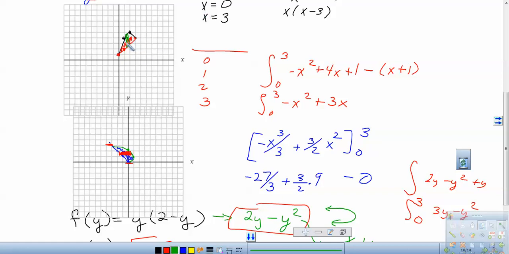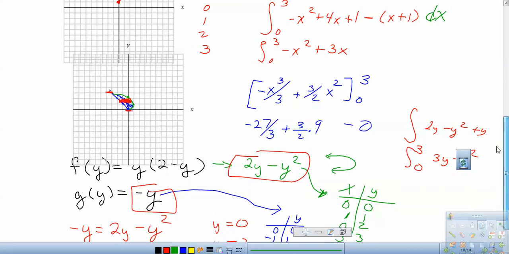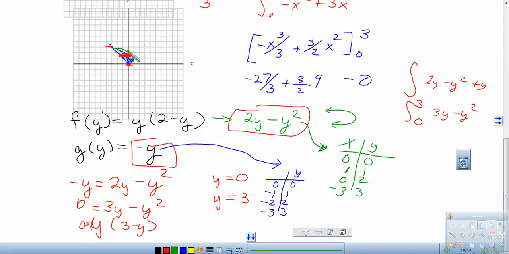So it's good to start thinking about, if I pick one rectangle, I had to subtract the top function minus the bottom function times the width of the rectangle, which is dx here. Well, if I go down to my y function, the width of the rectangle is the change in y. So it'd be dy in my integral.